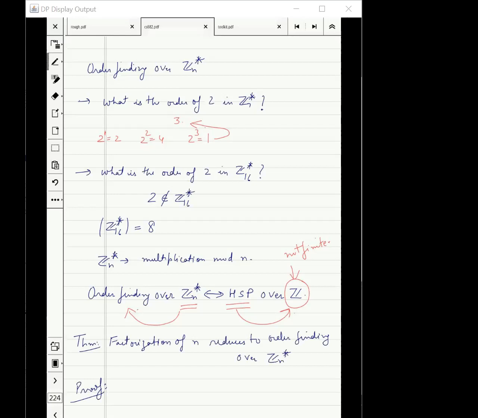We are supposed to give an algorithm for factorization assuming a black box for order finding. Sir, which element are you finding the order of? Oh, you will see that in the reduction. The problem of order finding, you can solve over any element in Zn star, right? Yeah, that is correct.